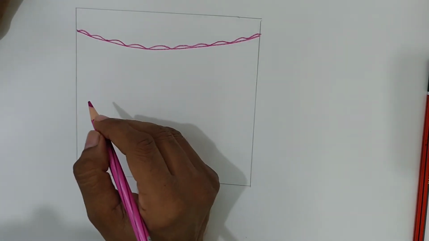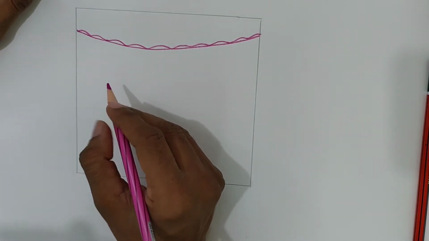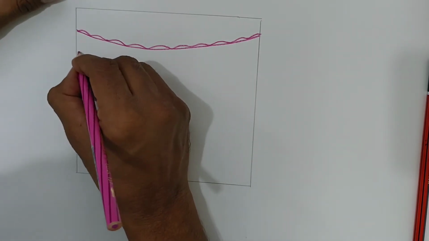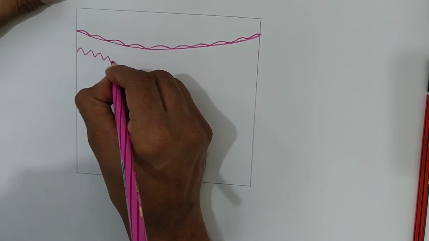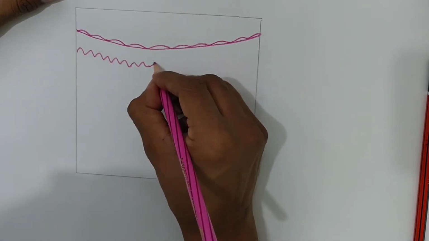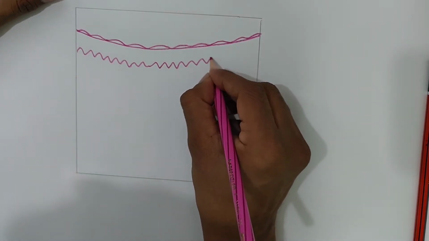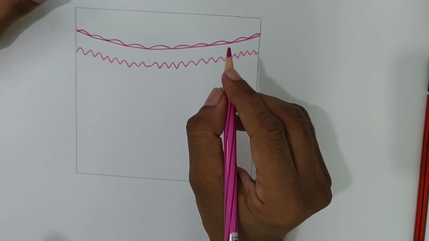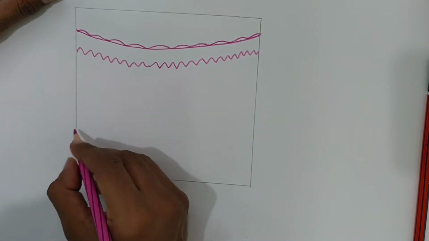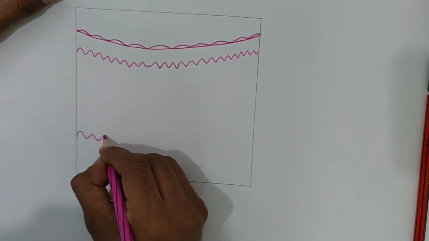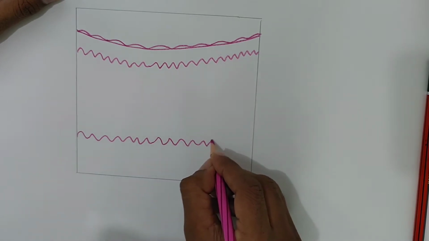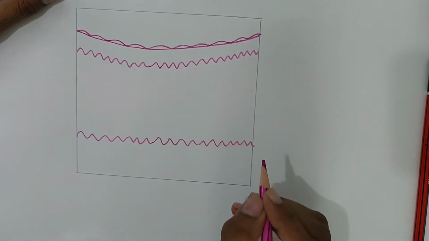This is the endothelium. Below the endothelium, there is subendothelial connective tissue, which is separated by the internal elastic lamina. And there is one more, the external elastic lamina.